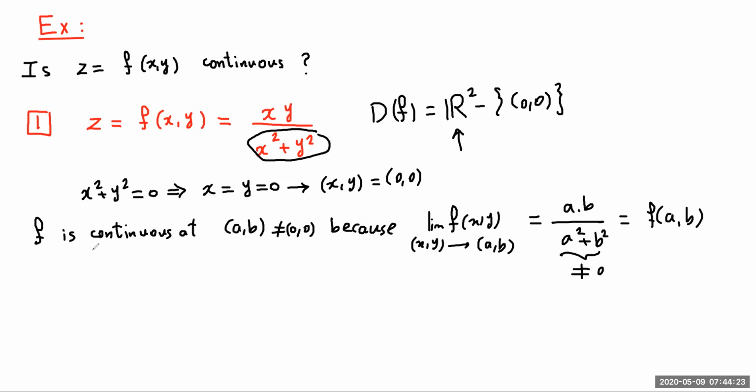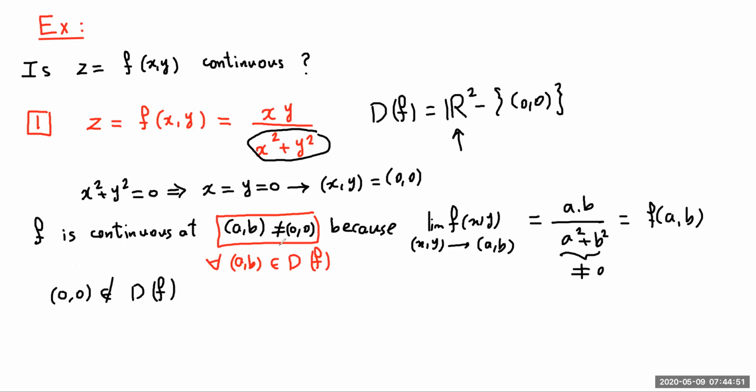So now the question, what about the point (0, 0)? The point (0, 0) is not in the domain of the function f. Okay, so now any point (a, b) different from (0, 0) is any point in the domain of the function f.